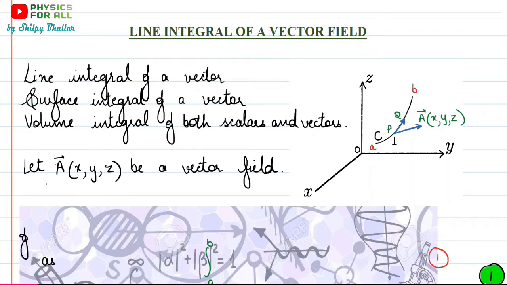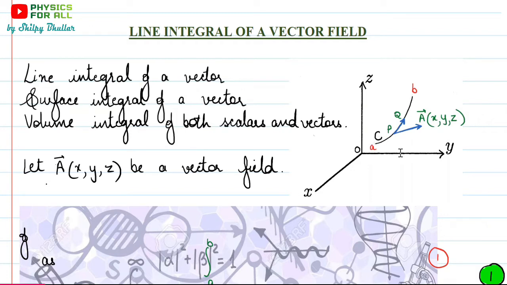Since this vector field is spread over this region, we can consider any 2 random points and let A and B be those 2 points. And then we can join them with a curve C. Okay, so this black curve we have drawn. So this is curve C, which is joining points A and B.